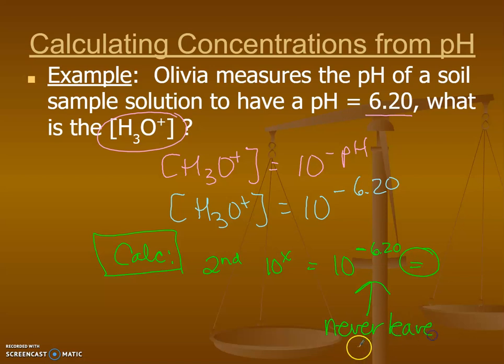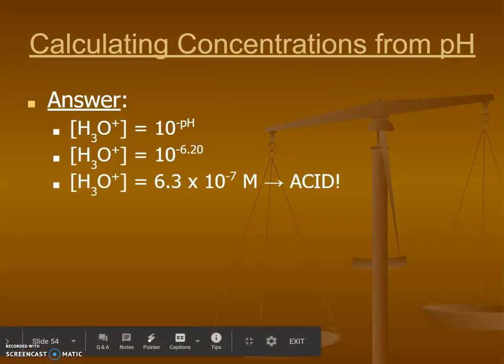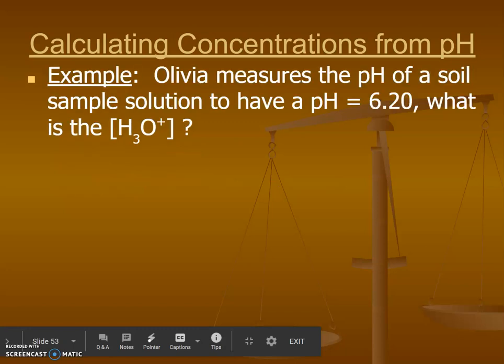That is so bad. You do not want to do that. When you do that, you will see that you end up having a concentration of 6.3 times 10 to the negative 7 molar. And that should make sense because that's our indication that that was an acid.